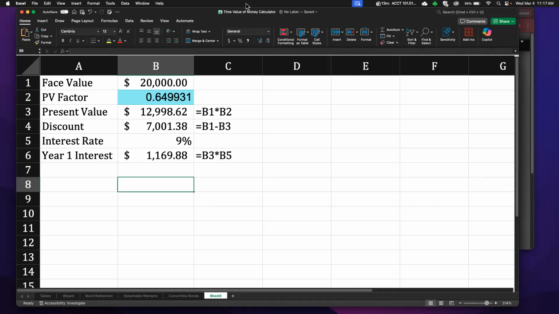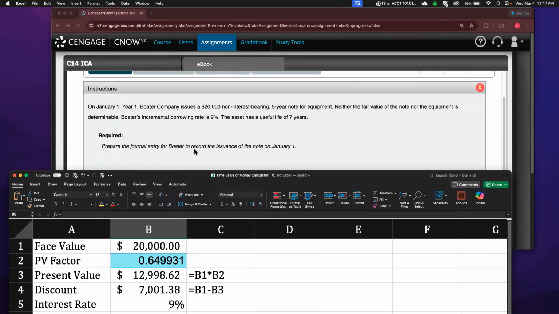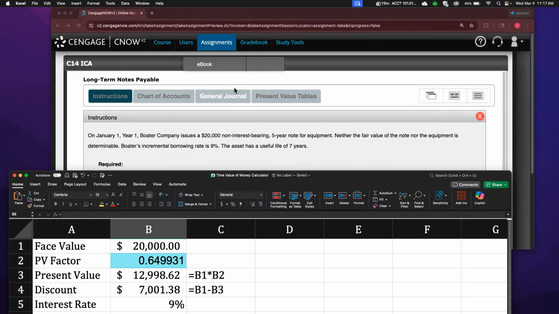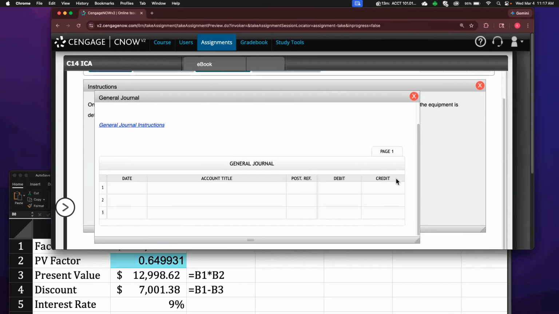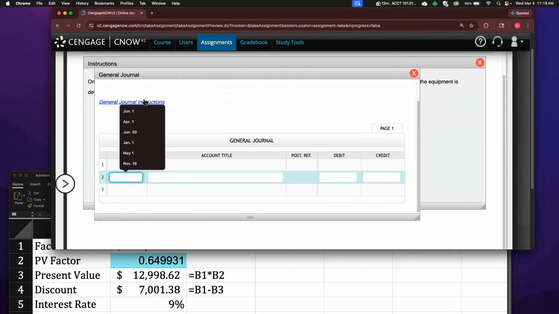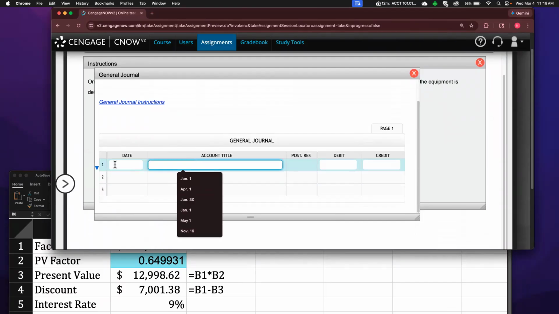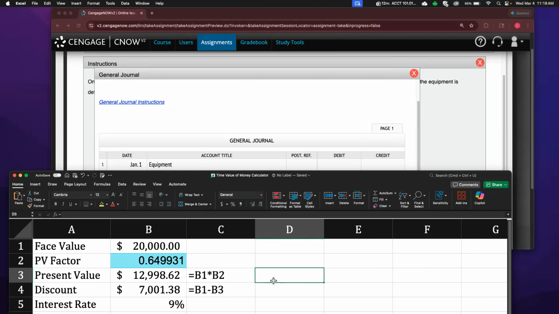But I think the problem doesn't really ask for interest, does it? We're required to record the issuance of the note. So it's a little different. So in our journal entry, on January the 1st, we're going to debit equipment. And our present value is what we're going to debit equipment for.